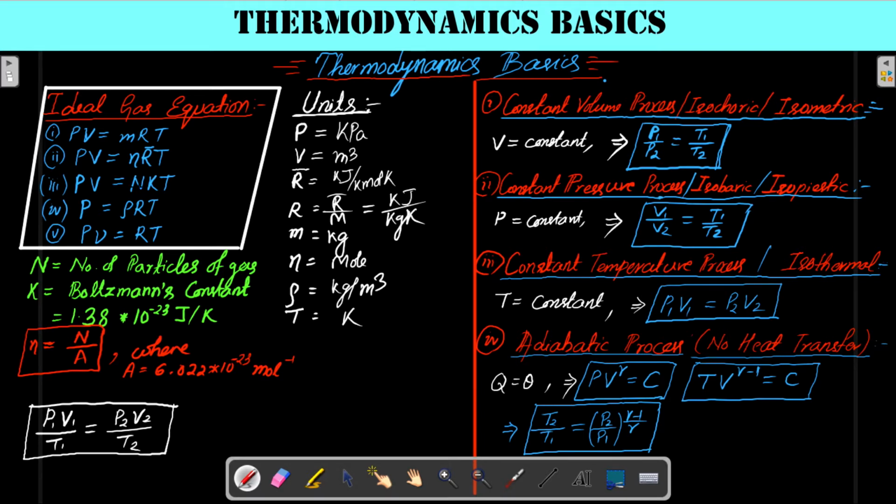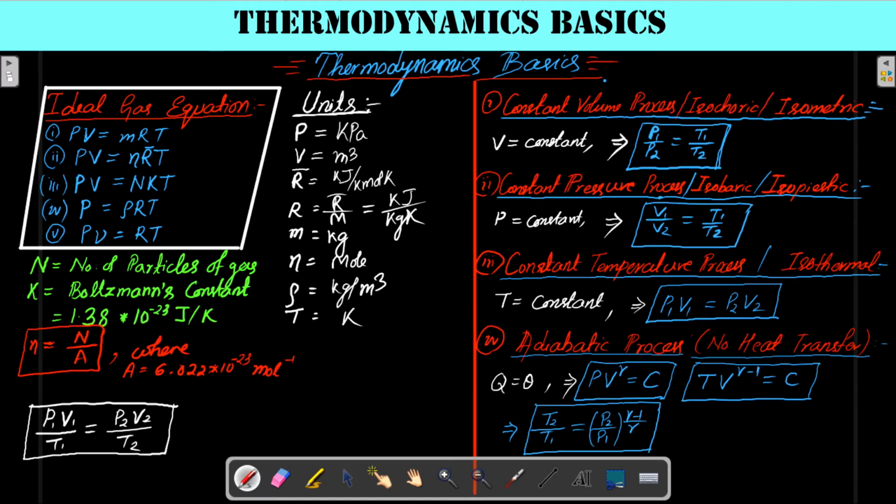If you are using PV equal to nRT, you use n for mole and R for the universal gas constant, that is kilojoule per kilomole Kelvin. If you are using PV equal to NkT, then N is the number of particles of gas, and k is the Boltzmann constant, that is 1.38 into 10 to the power minus 23 joule per Kelvin.